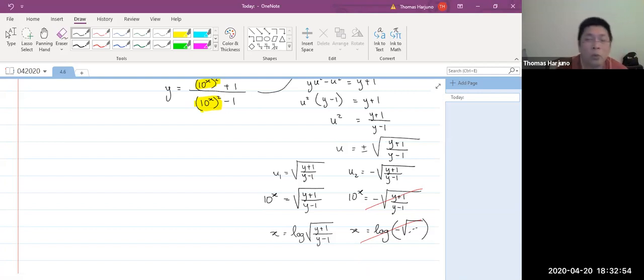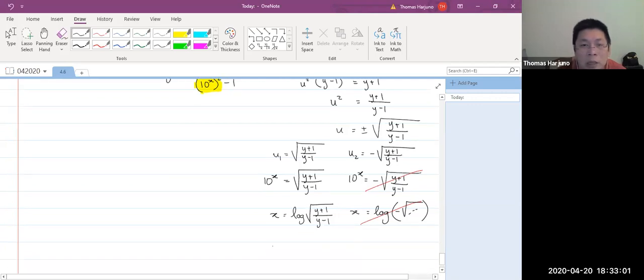Which we can go on a bit further, saying that this is x equals 1/2. You see, the square root means an exponent of 1/2, right? Log of (y plus 1) over (y minus 1).